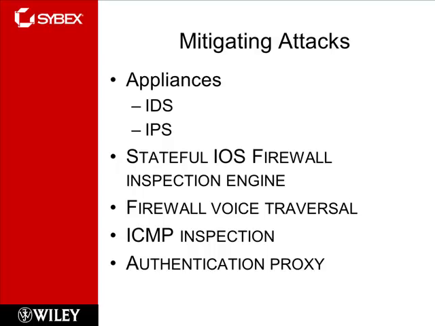The other one, stateful IOS firewall inspection engine, is something that we can use on a router. It's a really simple command, and we'll do it when we've got some demos to do at the end of this. What the stateful says is that if you initiated a connection to wherever from inside out, when you go through the IOS, through the router or firewall, it creates a little access control list that says the answer can come back.